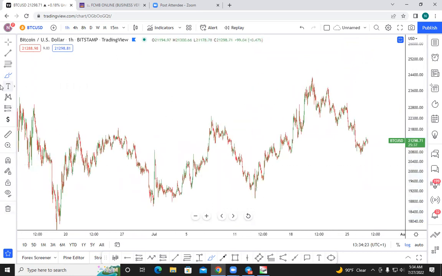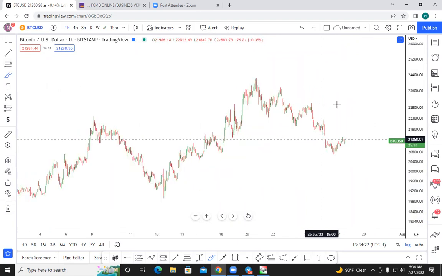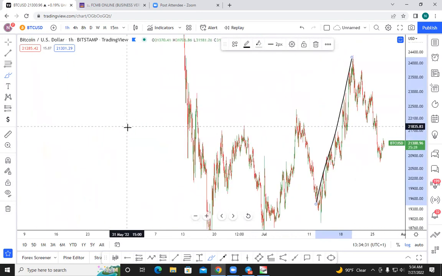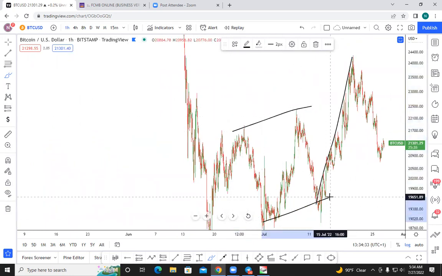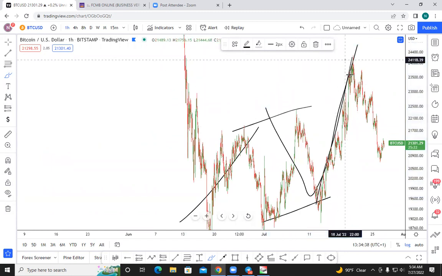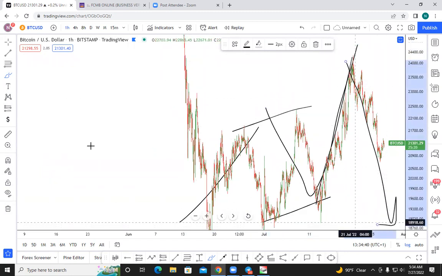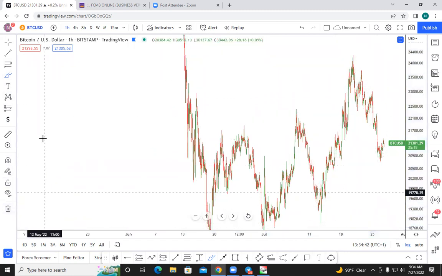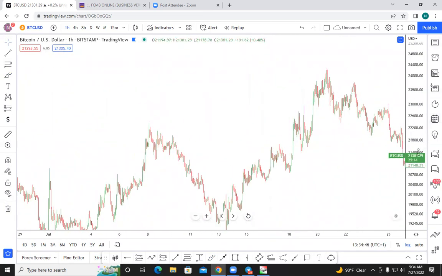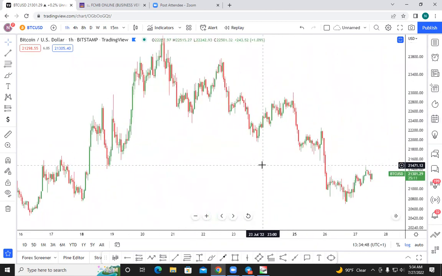Already you see that this looks like an ending structure after this wave, because you already have a complete corrective structure here, A, B, and C. So let's find out if this one will continue to go to the downside. Our job is not guesswork. We have a tool to confirm whatever we are looking for.